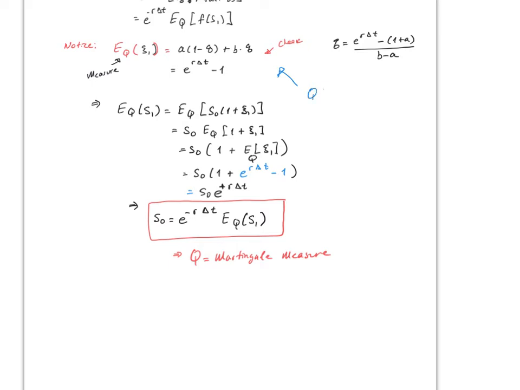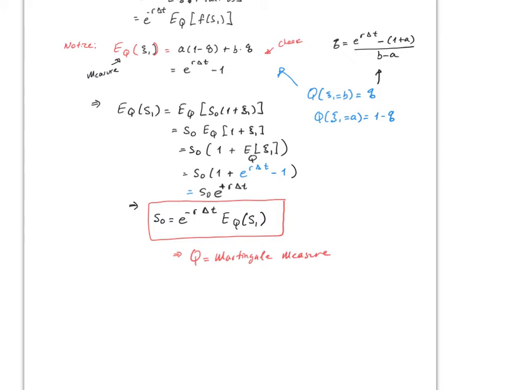The probability with respect to Q that C1 equals b is Q, and the probability that C1 equals a is 1 minus Q, where Q is obviously this. And if you do 1 minus this, you will get an expression for 1 minus Q, which you actually had to do on the test.